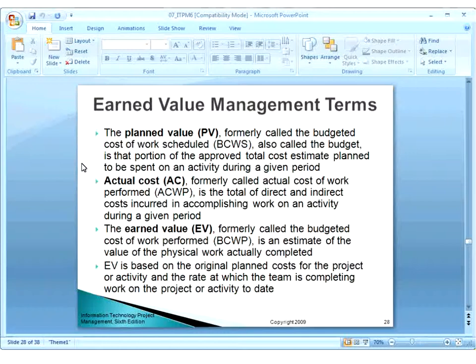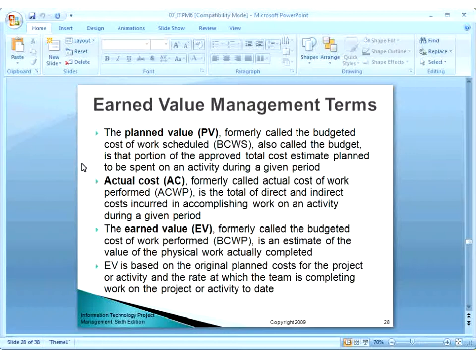Now actual cost, which was previously called actual cost of work performed, ACWP, is the total of direct and indirect costs incurred in accomplishing work on an activity during a given period. So after the completion of work, you calculate how much cost this work has cost you.